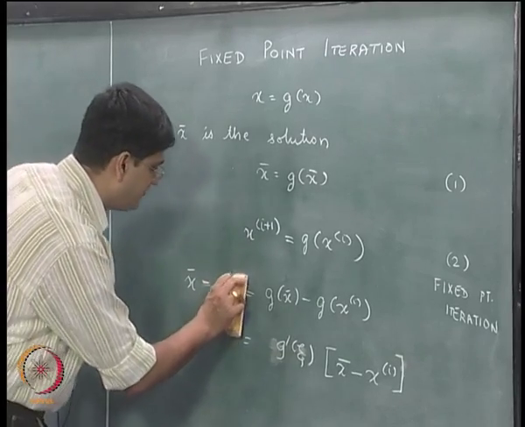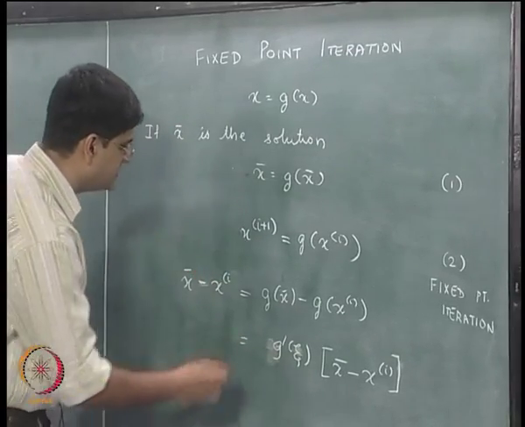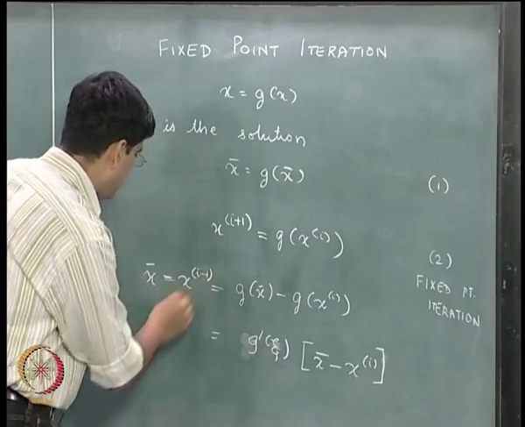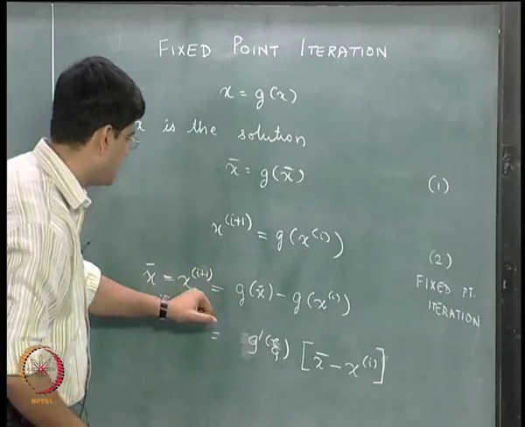Sorry, this should have x_{i+1}: when we subtract these two equations we have x bar minus x_{i+1}.